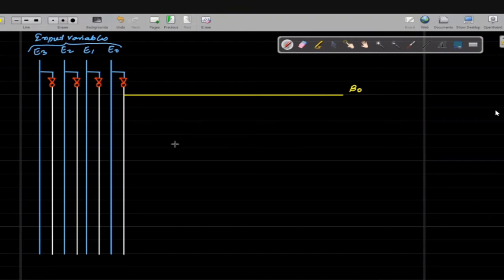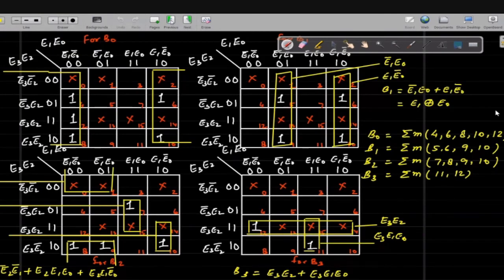And then the second expression is E1 XOR E0.